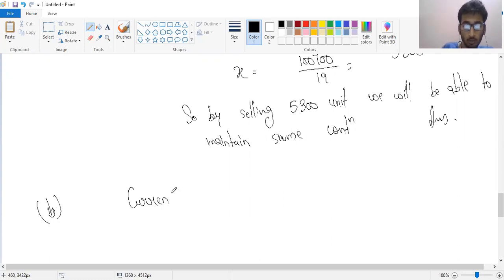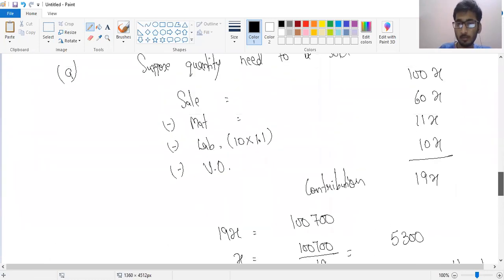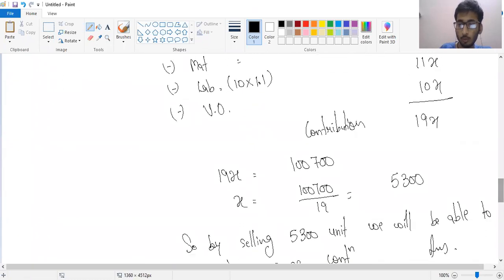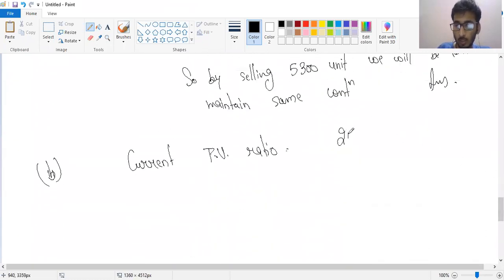What is the current PV ratio? PV ratio is basically contribution upon sale multiplied by 100. So current contribution is 20 upon 100 multiplied by 100, or I can say 20% is my current PV ratio.